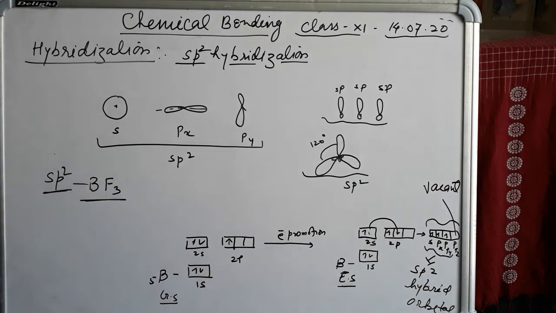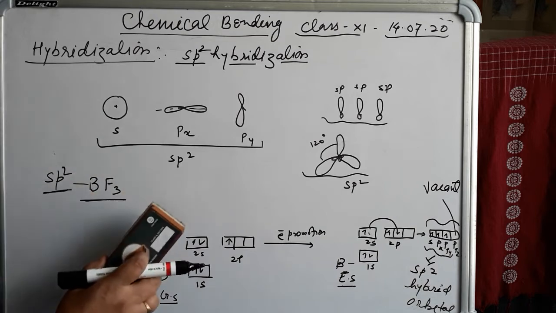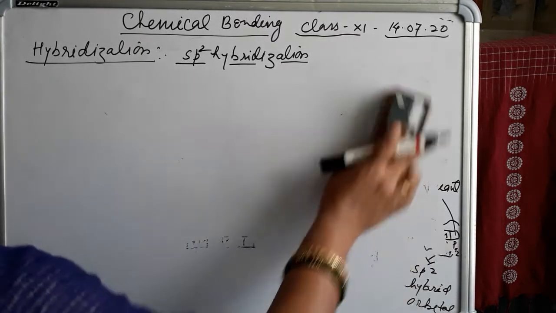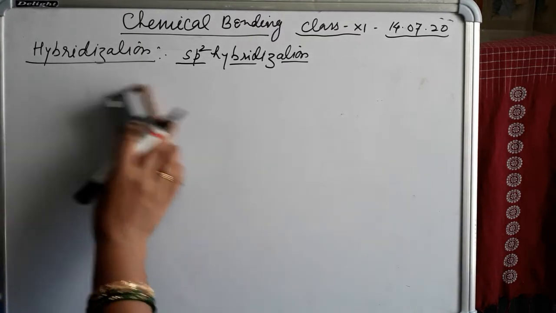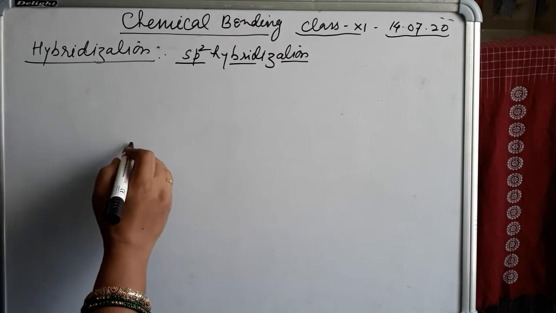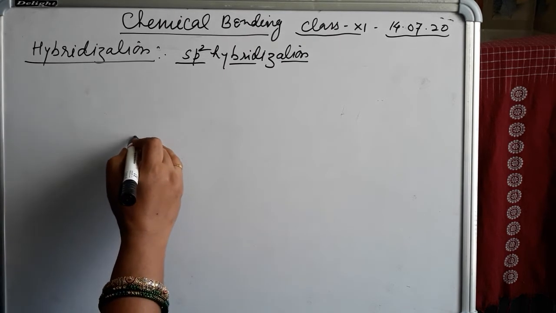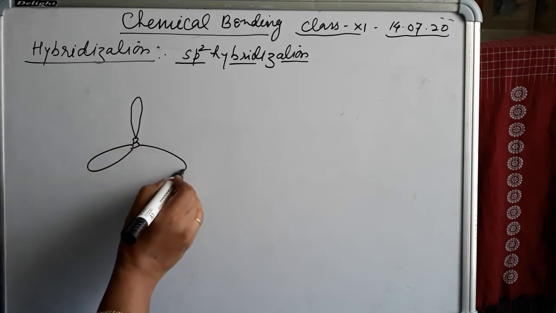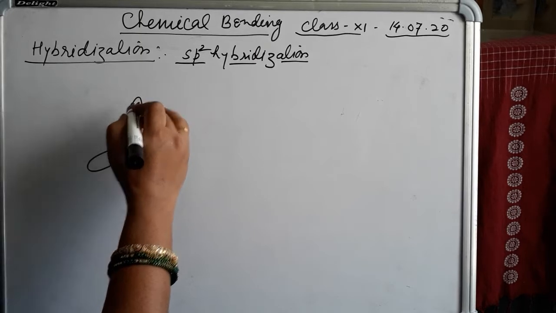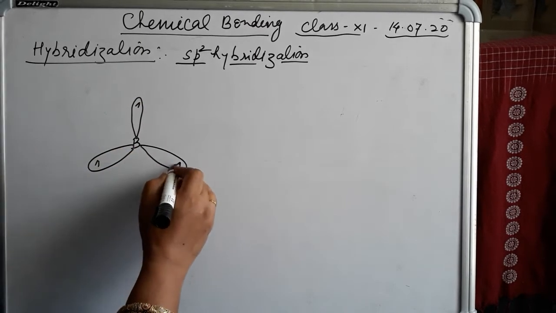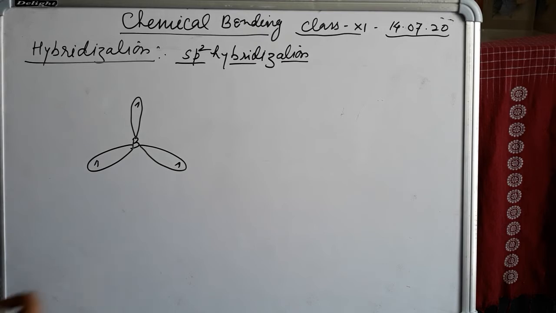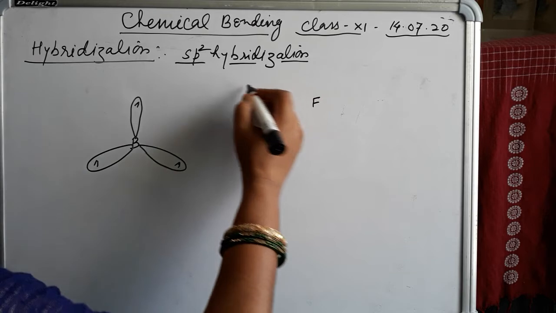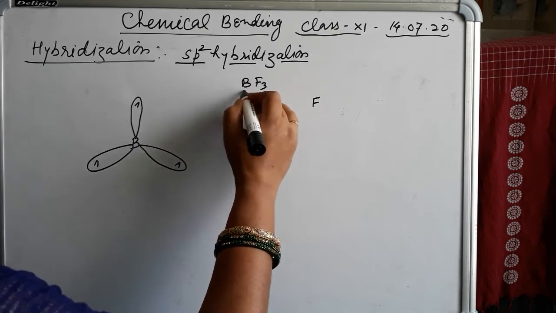After that, the formation of the compound takes place. See here. Students, here is the formation of 3 hybrid orbitals, 1, 2 and 3, and each hybrid orbital contains one unpaired electron, and overlapping takes place with fluorine, because we have the molecule boron trifluoride.